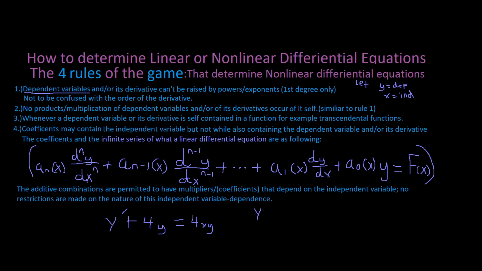So I subtract 4xy to the other side, and now I'm going to get negative 4xy. I pull out a number. Which number? Actually, I'm going to pull out y.